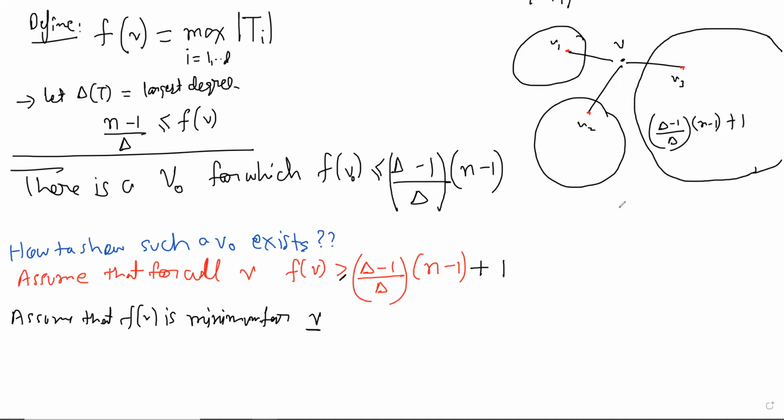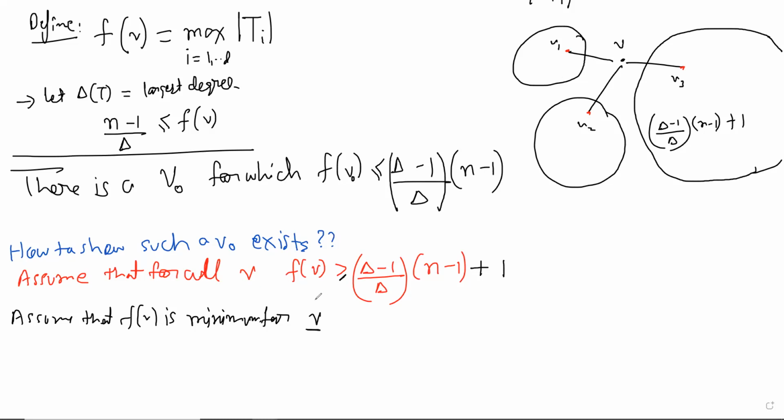I lost the question a bit. Could you tell me again? Yes. Basically, we are trying to show that there is a v naught for which f(v naught) is less than or equal to this. And then we are saying, okay, let's assume that it is not true.